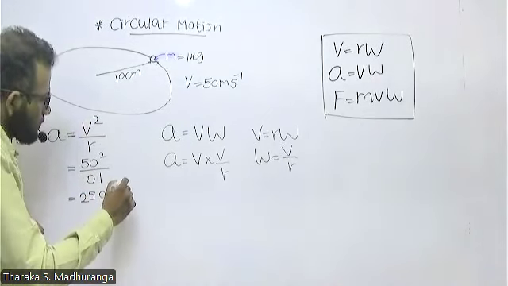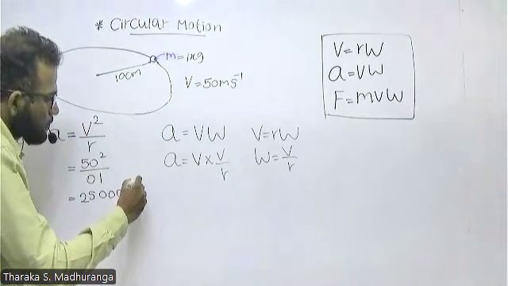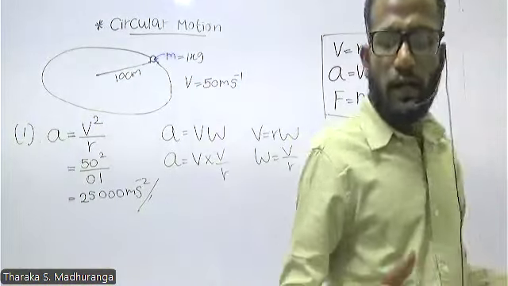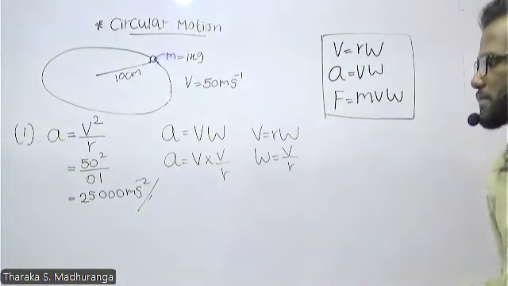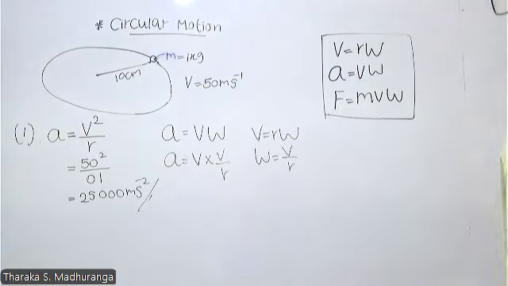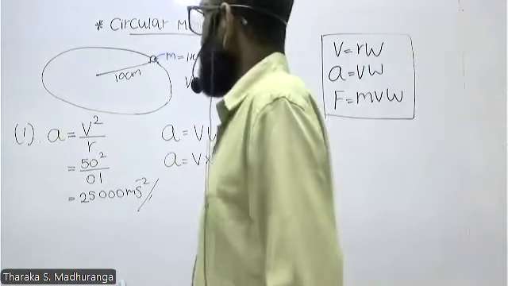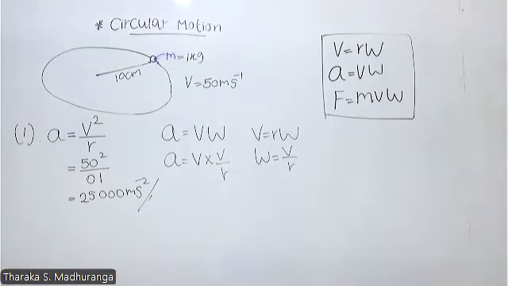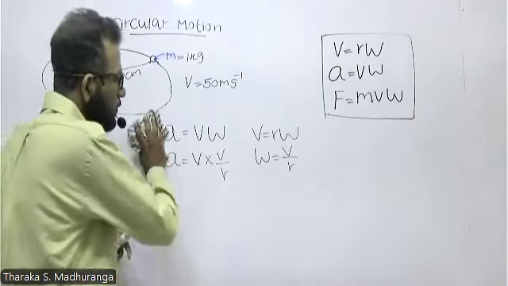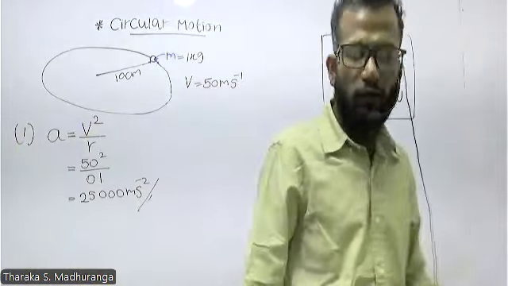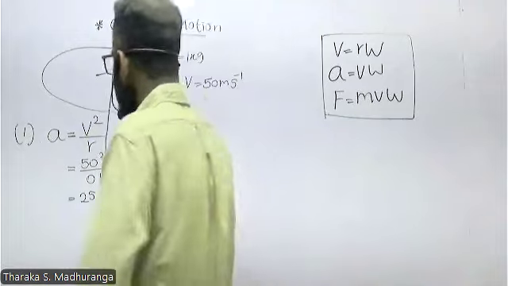Correct? ms minus 2. 25,000 ms minus 2 is the acceleration.